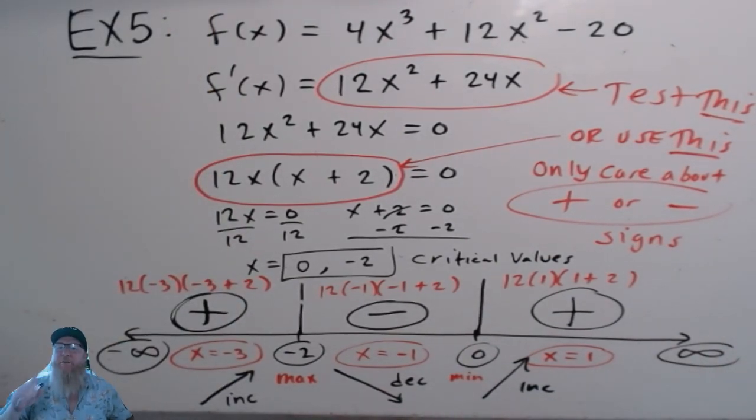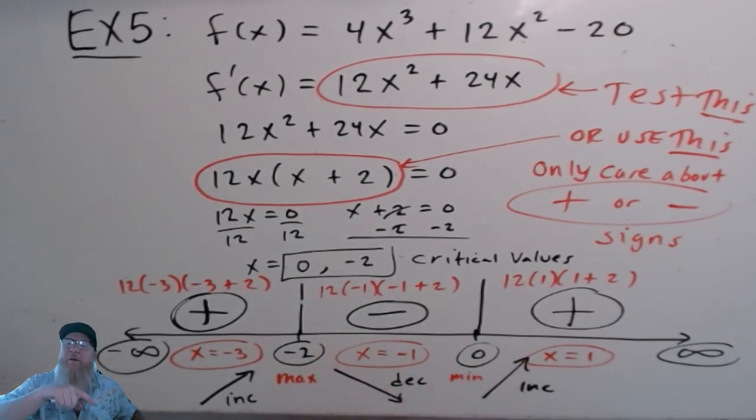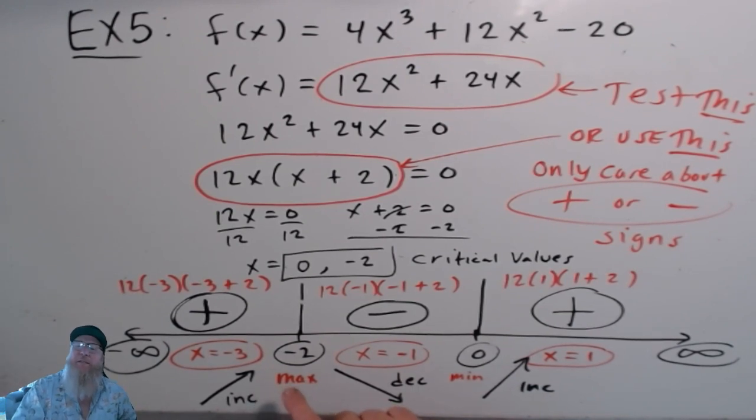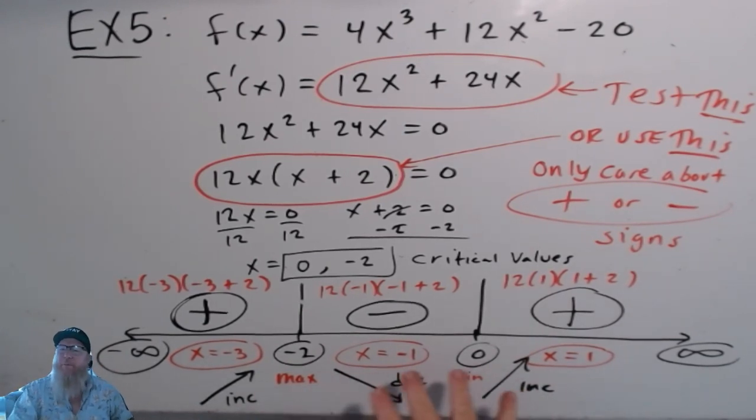Now, I want to make it very clear, -2 is where the max occurs. It's not the actual maximum. And same with 0. 0 is where the minimum occurs. Right? Now, I don't know what the actual maximums and minimums are. I'm going to have to plug them in.